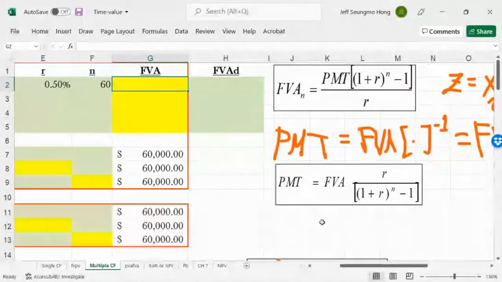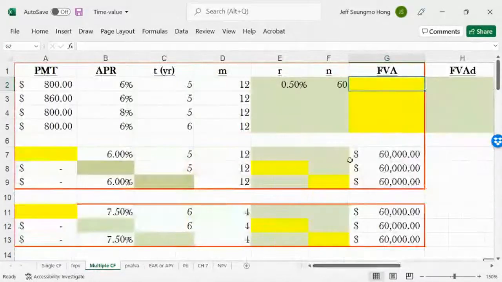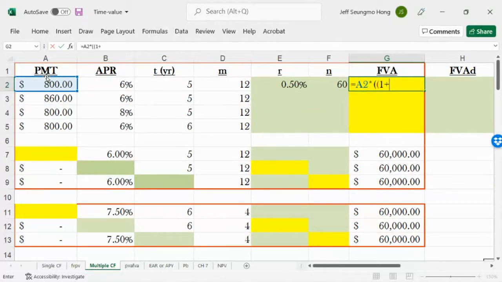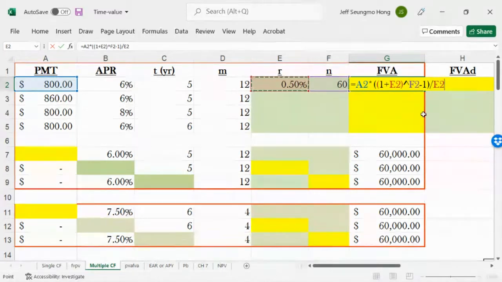The formula I put there as well. So basically, it's going to be payment times open parenthesis, open one, 1 plus r raised to n minus 1, close parenthesis, divided by r, right?